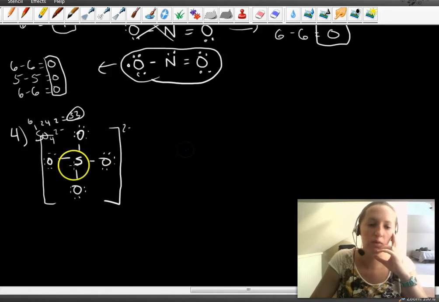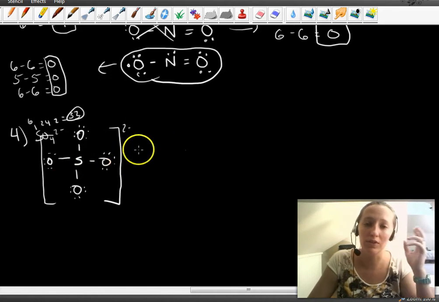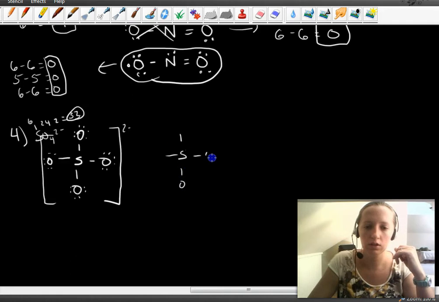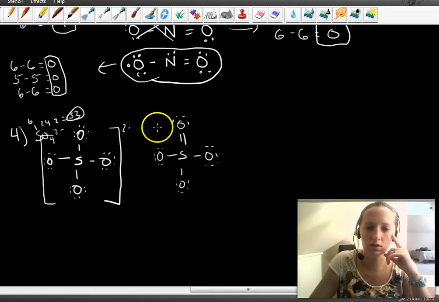All right, what we have is sulfur with an octet here, but one thing that we know about sulfur is that sulfur can have 10 or 12, so we've got to check those as well. I suppose we could have 1 double bond. That's 2, 4, 6, 8, and then so 32 again.